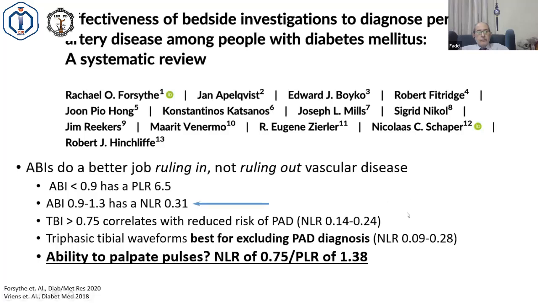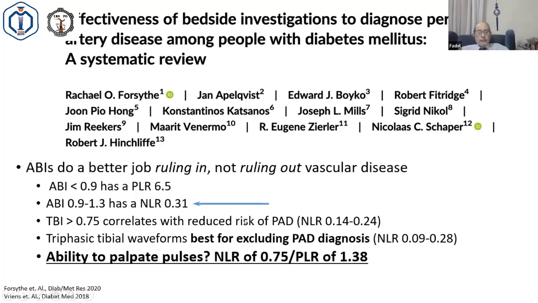For example, they found that if you have an ABI of less than 0.9, has a positive likelihood ratio of 6.5. An ABI of between 0.9 and 1.3 has a negative likelihood ratio of 0.31. TBIs were a little bit more valuable.